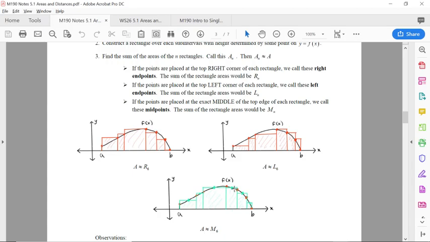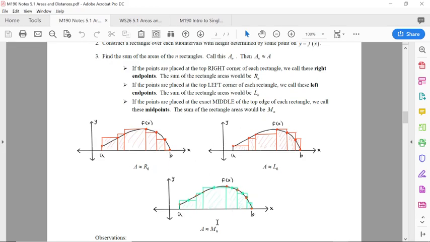Notice that each of these rectangles seems to give us a little bit of both. If you take this rectangle here as a good example, this portion of the rectangle seems to be an underestimate, but this portion of the same rectangle is an overestimate. So it kind of balances the two out. So overall, we'll expect the midpoint to maybe give us a better approximation versus the left or the right endpoint.